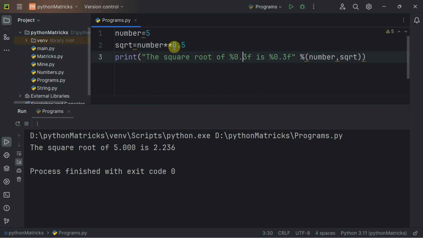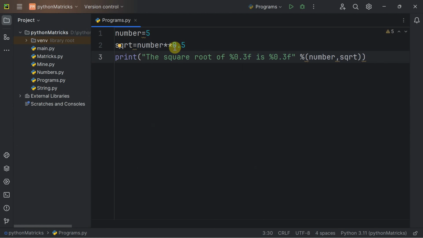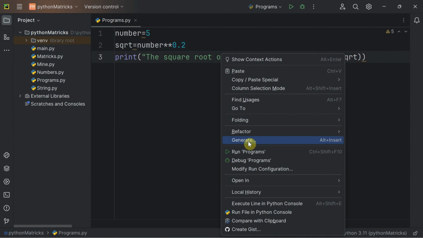As we said, this exponent of 0.5 is equivalent to taking the square root of a number, and we can also use it for finding the square of a number.